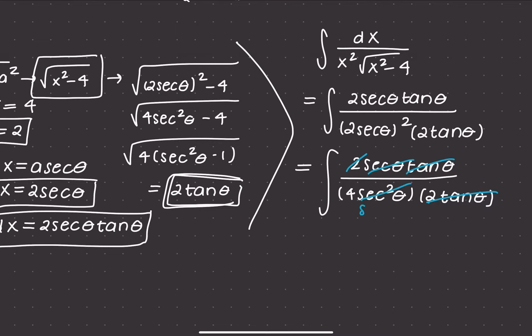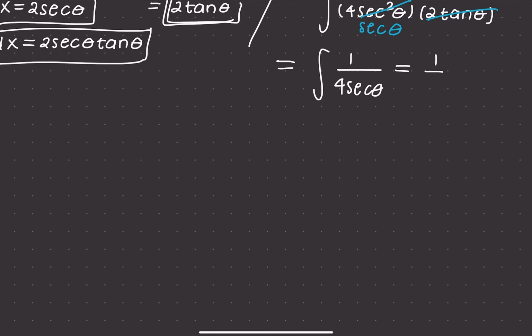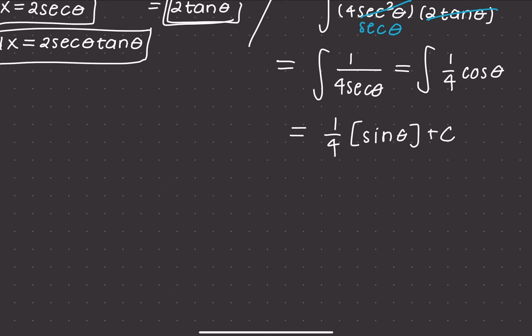Secant theta, giving us the integral of 1/4 secant theta, which we know will be equal to 1/4 cos theta, so the integral of 1/4 cos theta will equal 1/4 sine theta plus c.